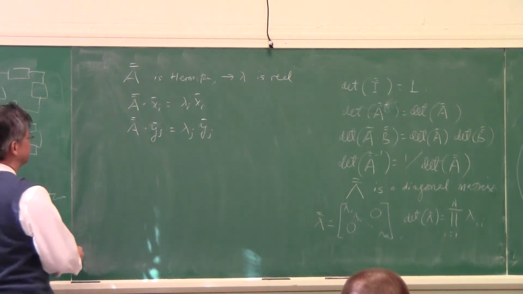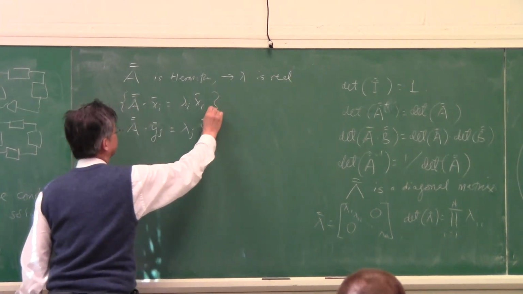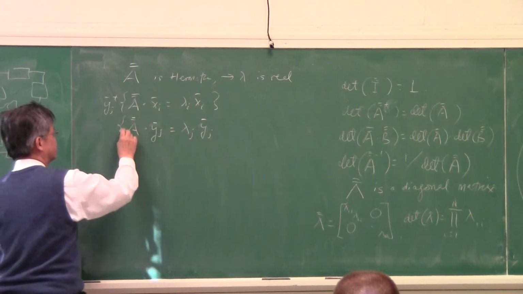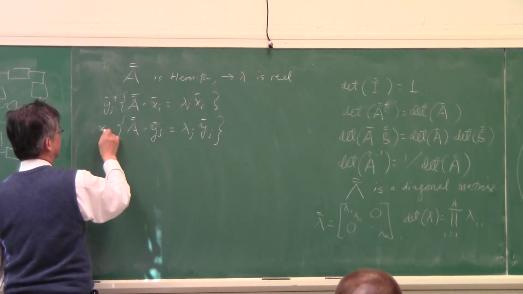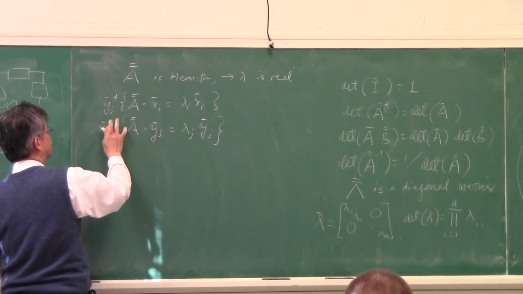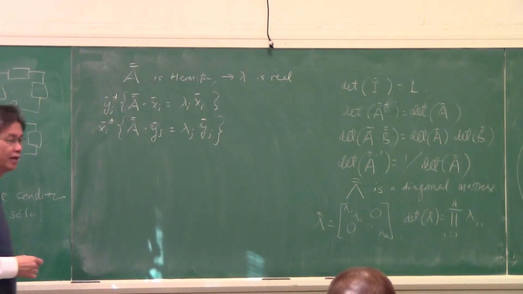I take the transpose. Let me do this. I multiply this by yj transpose. I'll multiply this by xi transpose. Conjugate transpose, sorry. I'll do a conjugate transpose here, conjugate transpose here. Okay, and you know how to take transpose of a product of matrices.